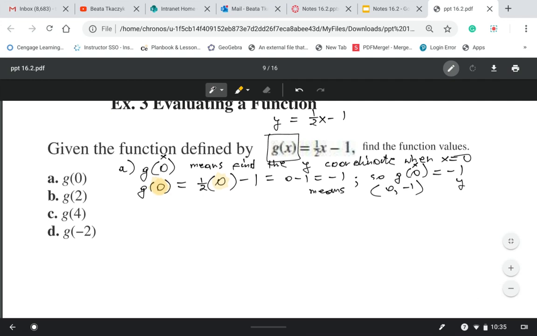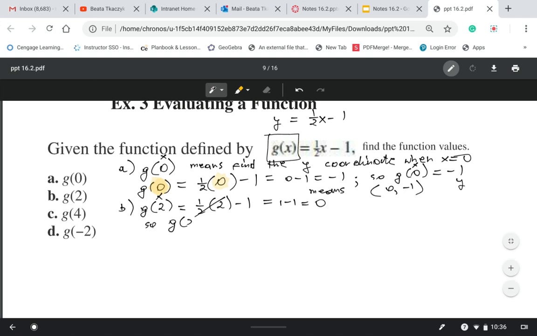Okay, so let's do b. We need to evaluate g of 2. So we're going to replace x with 2, and we have 1/2 times 2 minus 1. That will give us 1 minus 1, which is 0.